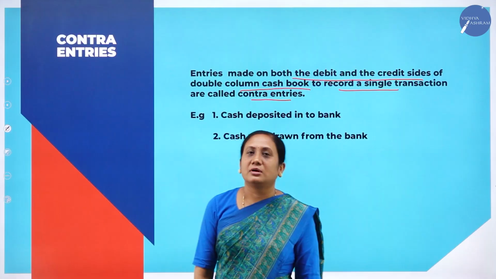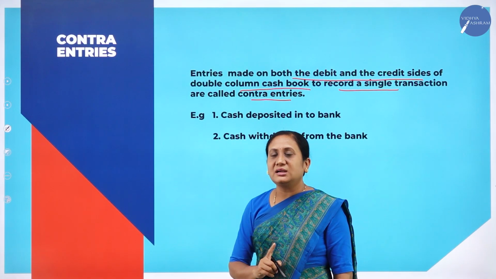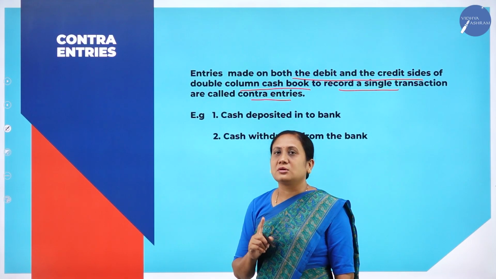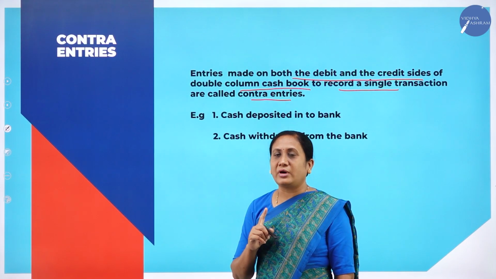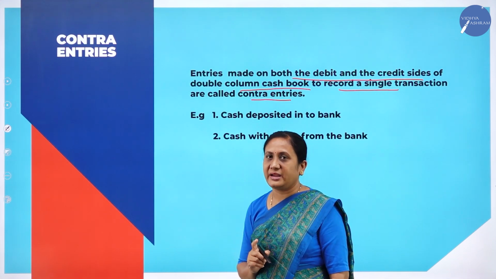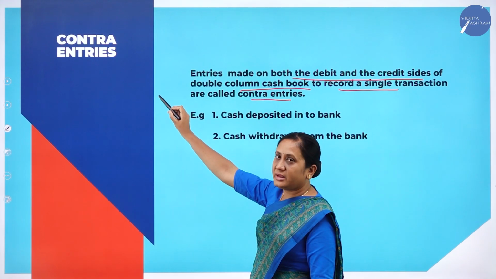In case of contra entries, for one single transaction, two entries are made, one entry on the credit side and another entry on the debit side. Such types of entries are called as contra entries.